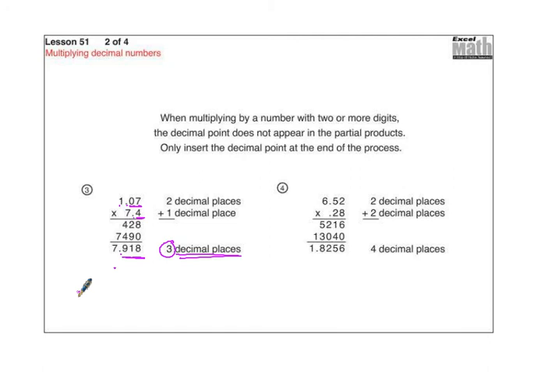There are 3 numbers after the decimal point in the answer. Notice that no decimal points have been placed in here as you're doing the problem. Here's another problem like that, 6.5 times 2.28, like the last problem that I just showed you on the previous page. You have 2 here, 2 here, and that's a total of 4. So this answer has 4 numbers after the decimal point.